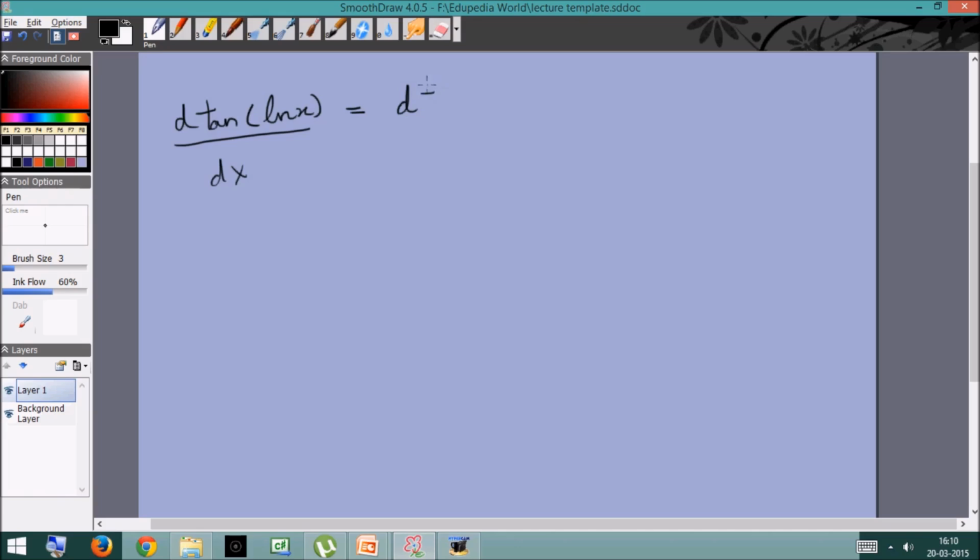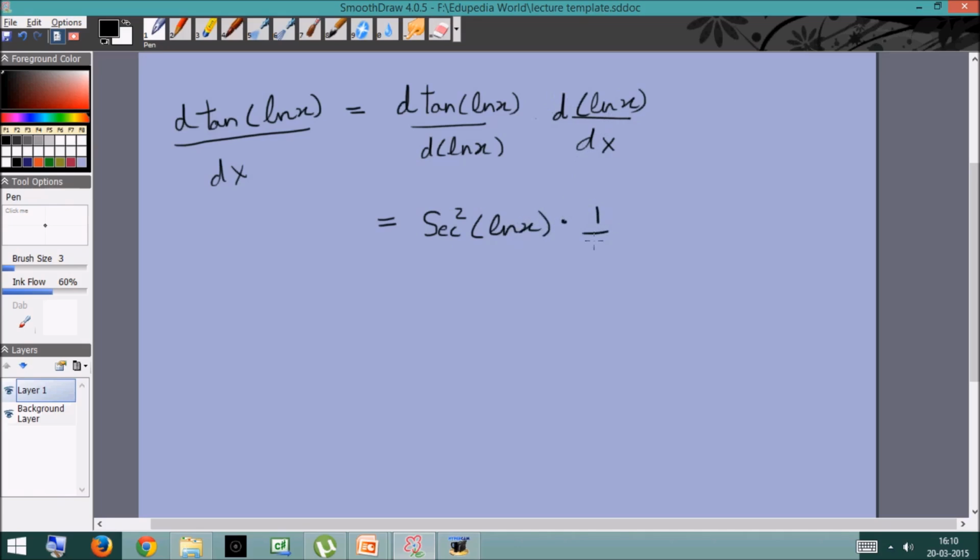So it becomes the derivative of tan of ln x by the derivative of ln x, multiplied by the derivative of ln x by the derivative of x. The first term is the derivative of tan of something with respect to that thing, and it becomes sec squared of that thing. Multiplied by the second term, the derivative of ln x with respect to x, which is 1 by x. Right?